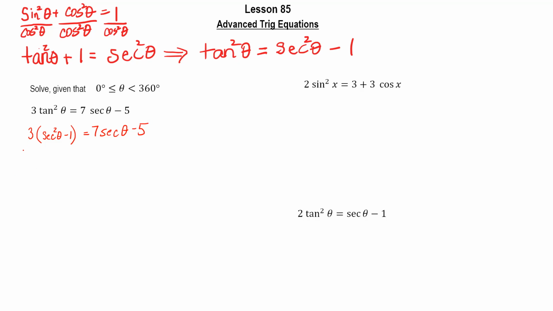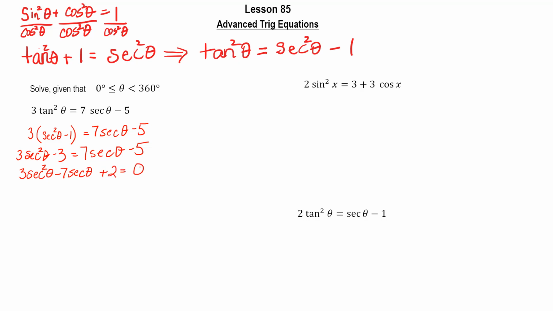And now we're going to distribute the 3, so we'll have 3 secant squared theta minus 3 equals 7 secant theta minus 5. And now we have a quadratic equation, so we're going to get everything on one side and set it equal to 0. So 3 secant squared theta minus 7 secant theta plus 2 equals 0.